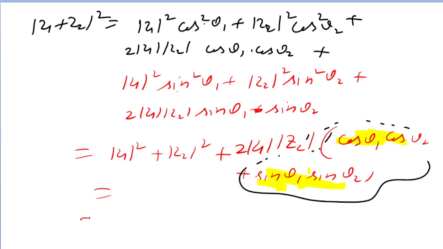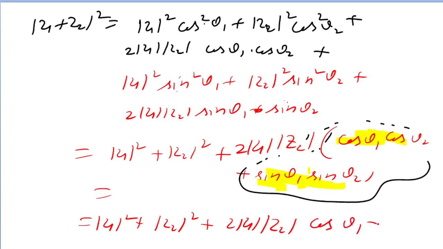So mod z1 plus z2 square is mod z1 square plus mod z2 square plus 2 mod z1 mod z2 cos of theta 1 minus theta 2.